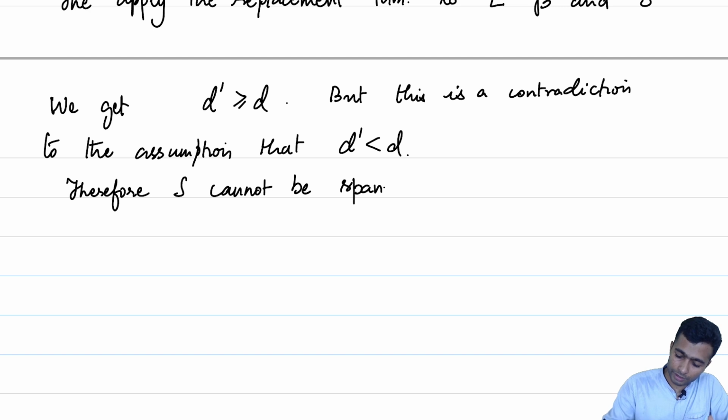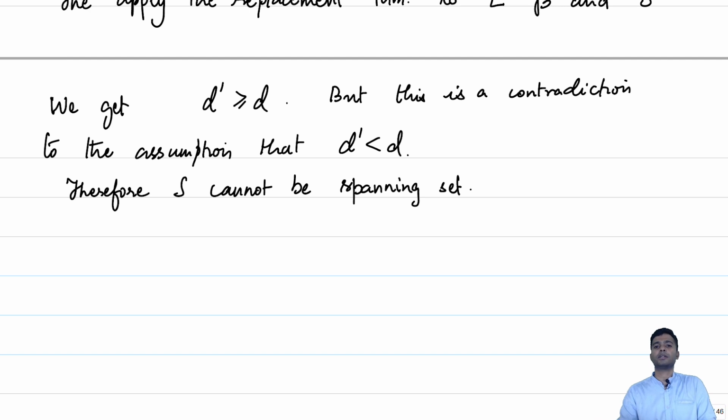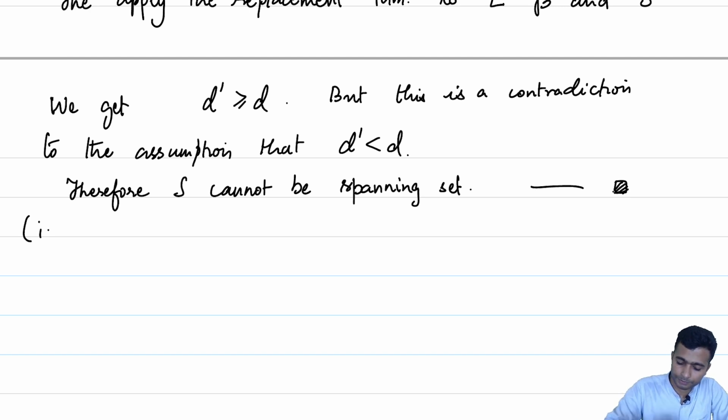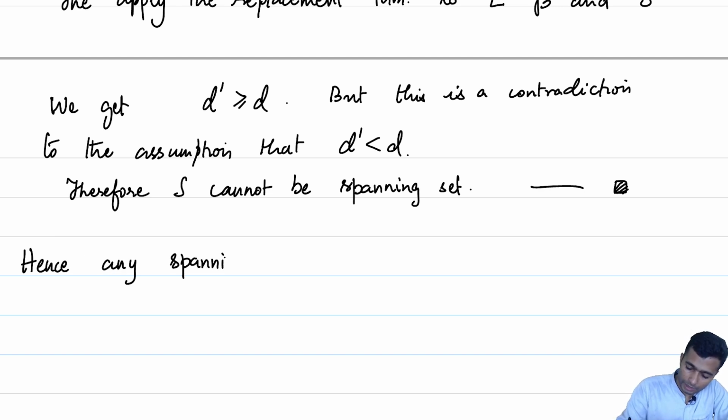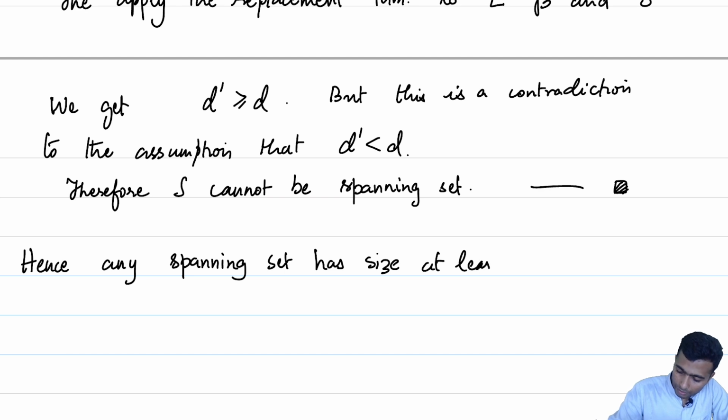A rephrasing of the above statement hence tells us that any spanning set should have at least size D. So we have finished the proof. Hence, any spanning set has size at least D.